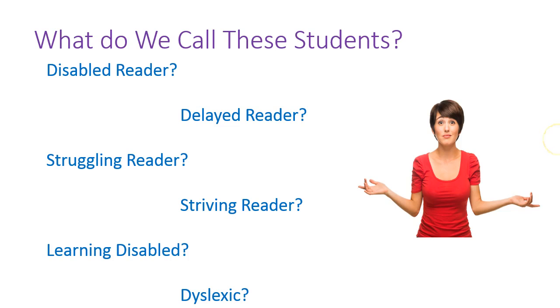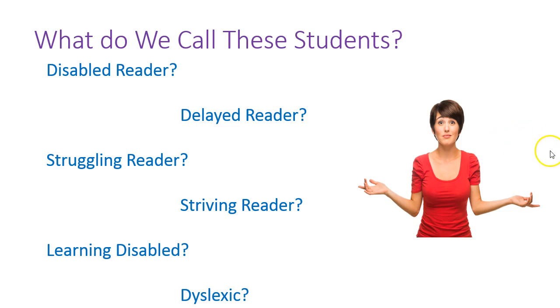More recently, terms like struggling reader, striving reader, high needs reader, at-risk reader have come into vogue. They all also pretty much mean the same thing. They're students who are experiencing difficulties with reading and aren't progressing the way that their peers are, despite the fact that they have an average intelligence quotient and also they've had adequate instruction.